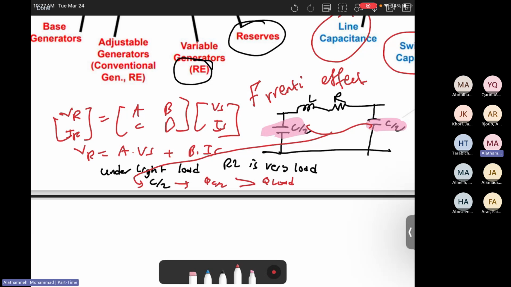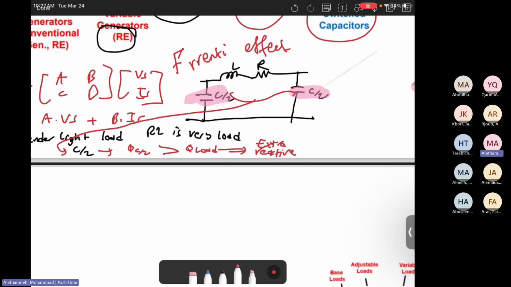Okay, so what's the point? This leads to extra reactive power, even though it's not on purpose. We don't have control over the reactive power supplied by the transmission line, by the capacitance. This extra reactive power causes extra high overvoltage, or causes the voltage to be high.